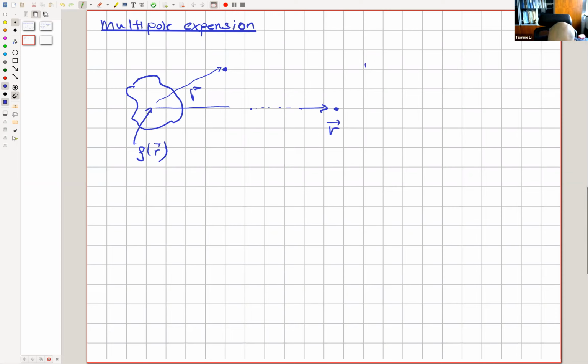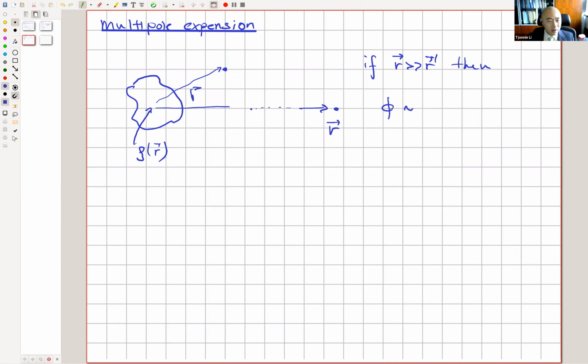So if R is much, much bigger than R prime, where R is much bigger than the size of the object itself, well, then I can approximate this to something.